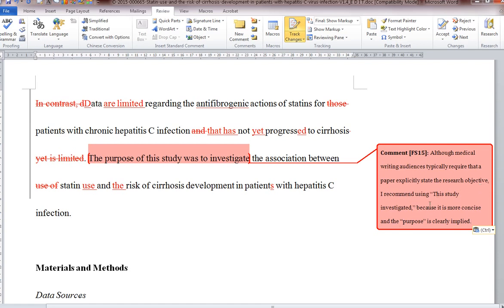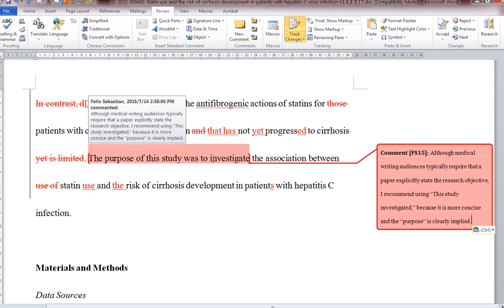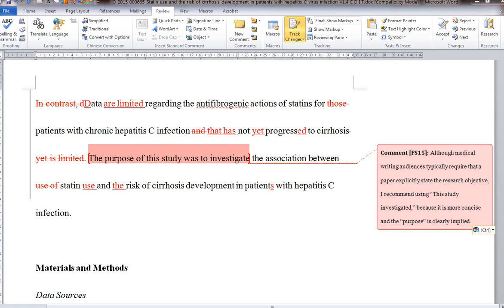However, I want the author to consider making it more concise because the purpose is clearly implied. Consider using this study investigated. With domains other than medicine, we editors typically revise it for conciseness. Sometimes the statement will say the aim of this study or this study attempted to, and it's something like investigate or explore. And those verbs just don't fit with an attempt or an aim. You just do them, regardless of whether the results are favorable or successful.